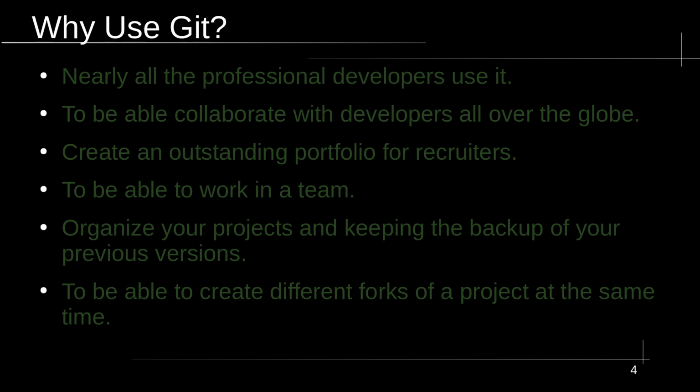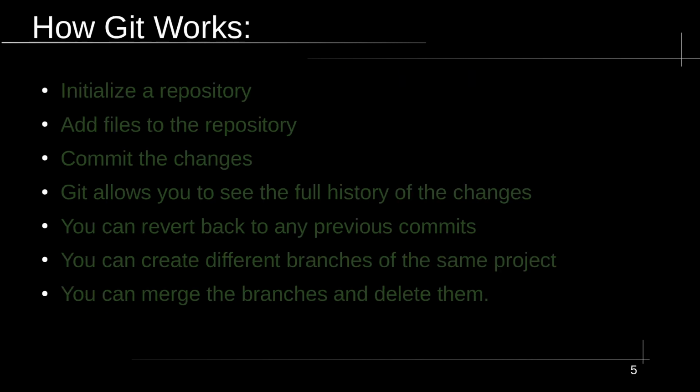It also enables teamwork inside a very good team, and creates efficient teamwork for version control, so you can create different versions of the same project and then merge them all together into one. Also, it helps organize your projects and keep backups of your previous versions, and it enables you to create different forks of a project at the same time.